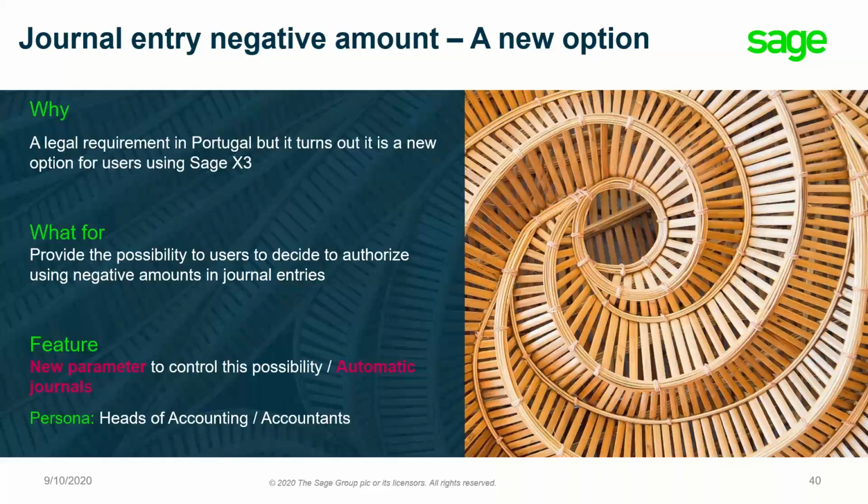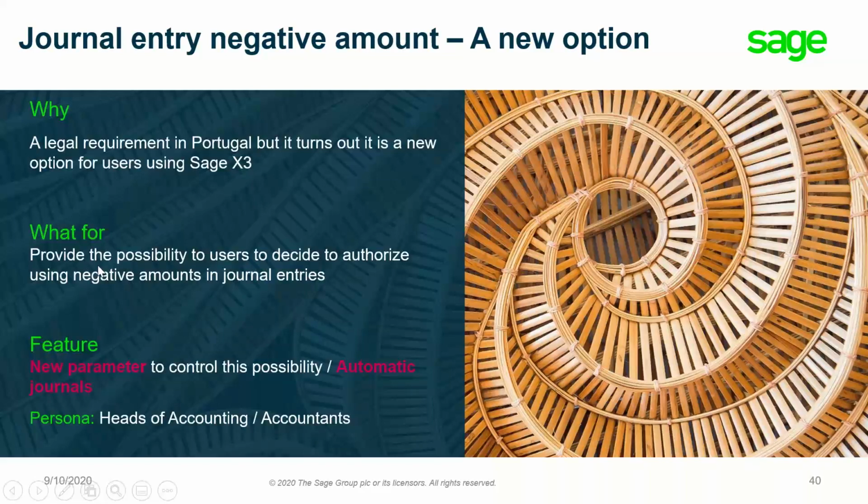Actually, it was a legal requirement in Portugal, whereby companies are forbidden to have negative amounts in their journal entries. So instead of developing it only for Portugal, and since some companies outside of Portugal used to ask whether they could manage negative amounts in journal entries, we turned it into a new option for all our customers across the markets.